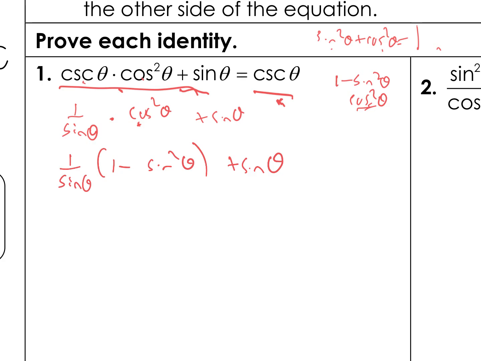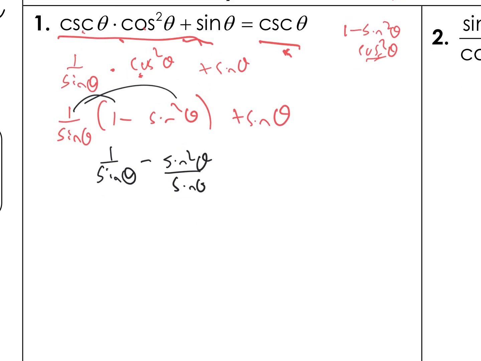So if I distribute this fraction, I'm looking at 1 minus sine of theta minus sine squared theta over the sine of theta. Does anything happen here?